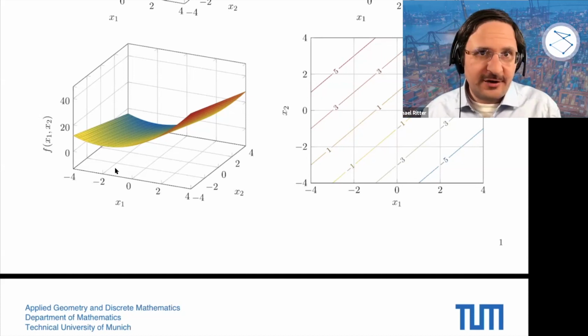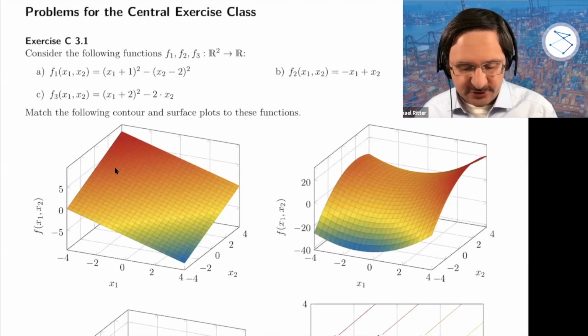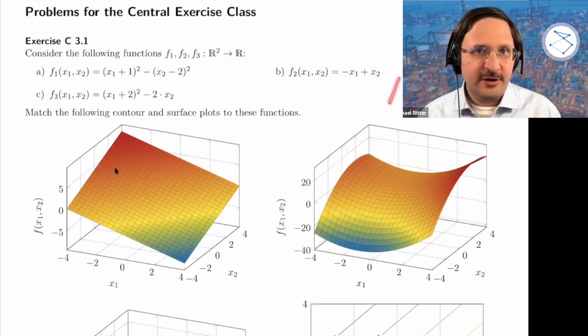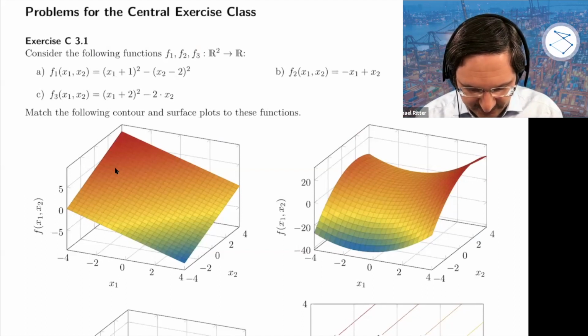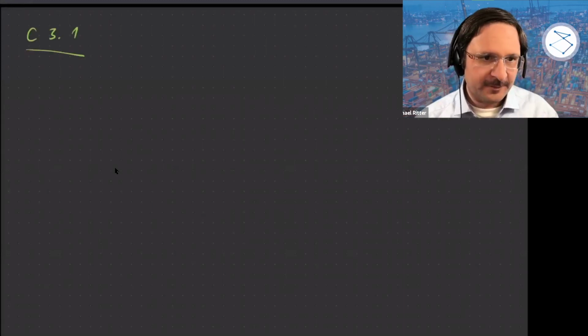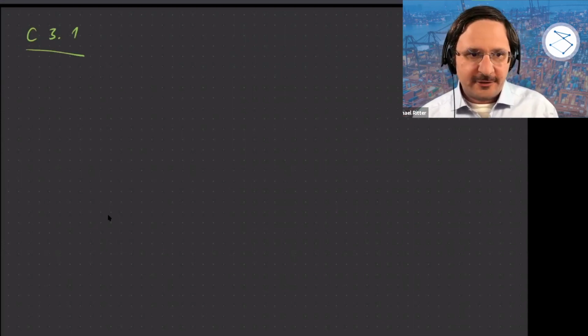The question in this problem is, which of these surface plots and which of these contour plots belongs to which of these 3 functions? So let's try to answer that question. This is C31. In this case, we have 3 different functions.